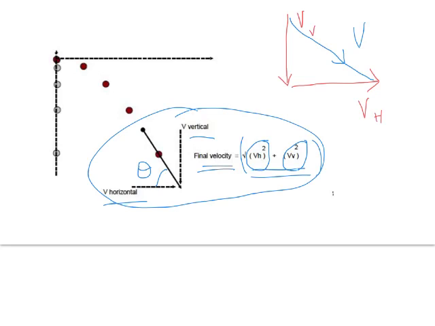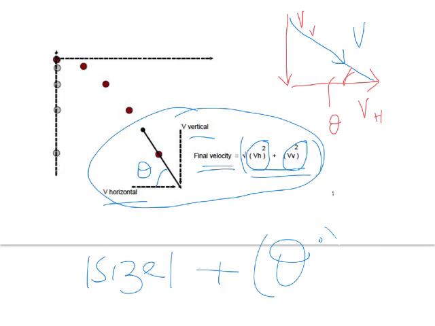But what's also really important is that you find the angle. So when you're asked to work out the final velocity in a projectile motion question, it is vital that you add the size, the magnitude of that velocity vector, plus the angle. So both of those are important.